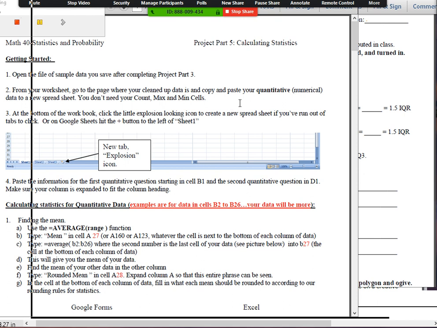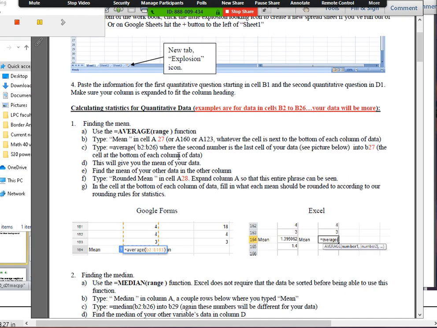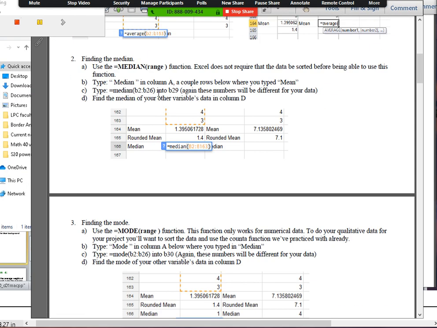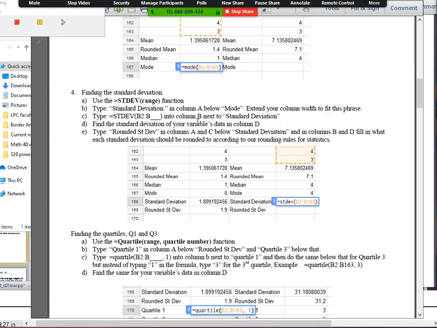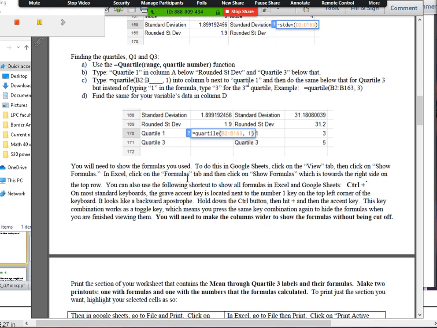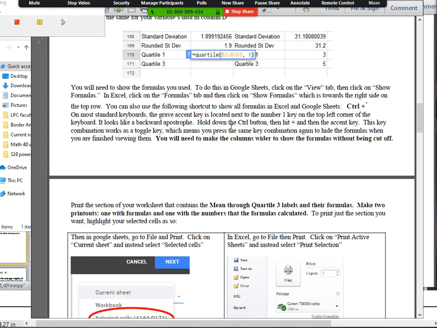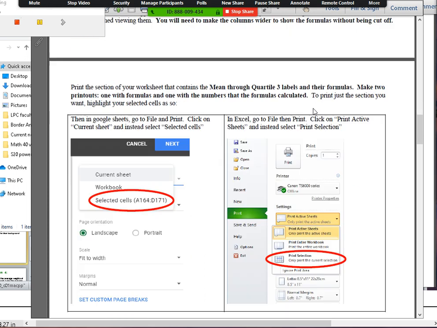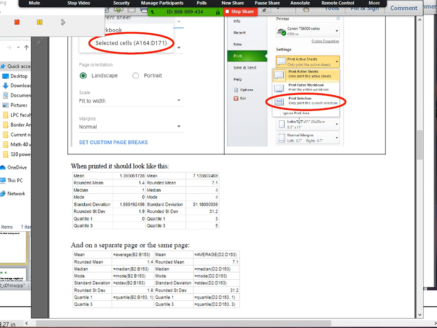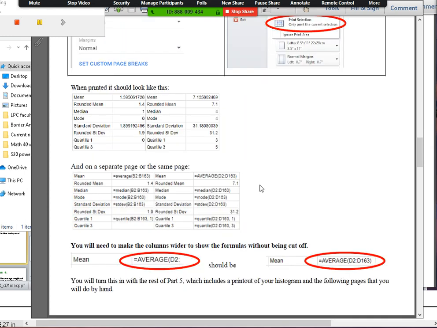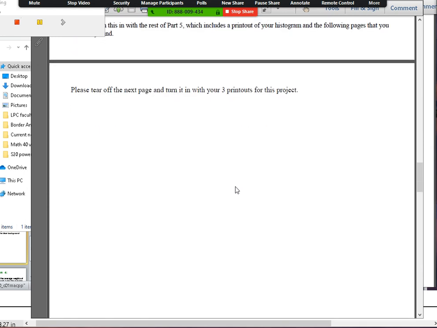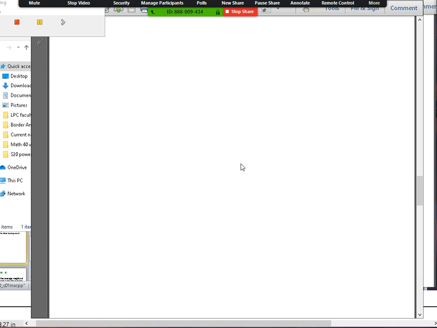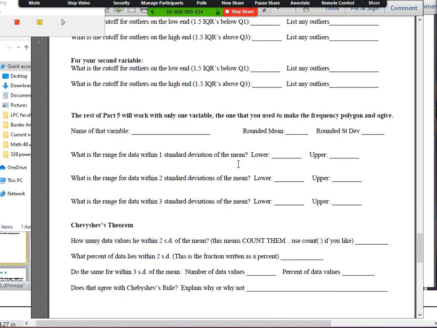So all these parts, you're just going to do finding your average, finding your median, finding your mode, your standard deviations, your quartile, Q1 and your Q3. Those ones you're just going to do on your sheet. You also need to do a histogram somewhere in there. And you don't have to worry about printing it, so don't even worry about this whole page here about the printing, because I am going to look at your file instead. So don't sweat that part. It's just these pages down here.